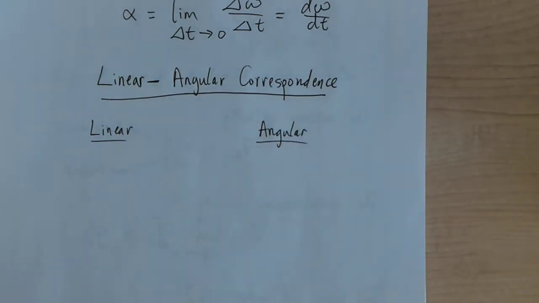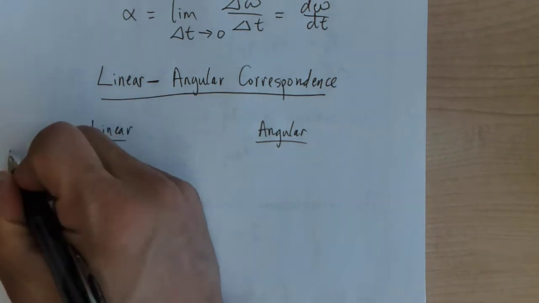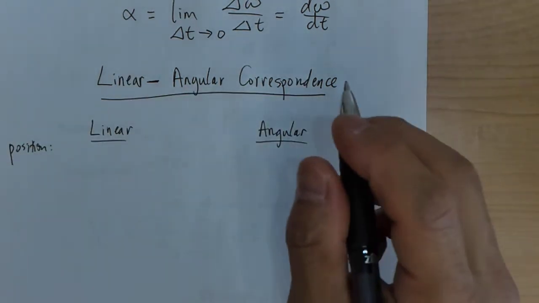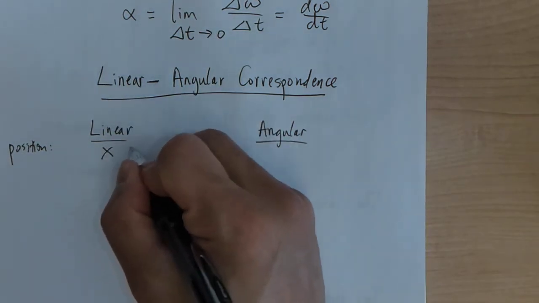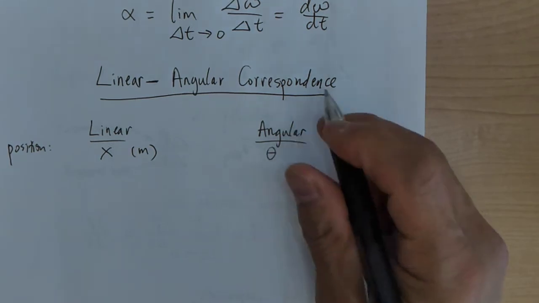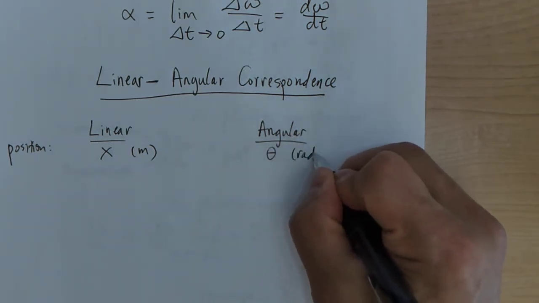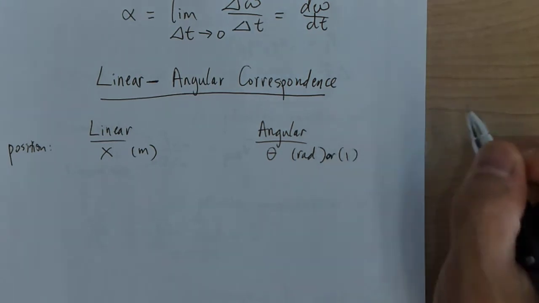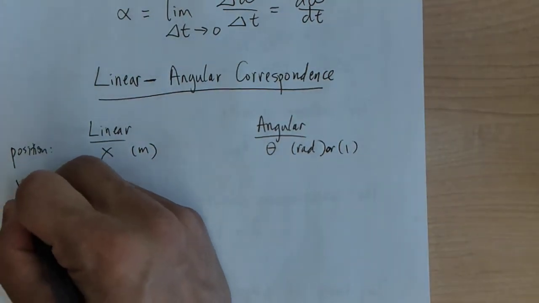Let's talk about position. Position was x, with units of meters. Then we have an angle theta, with units of radians, or just 1. Then we have velocity.